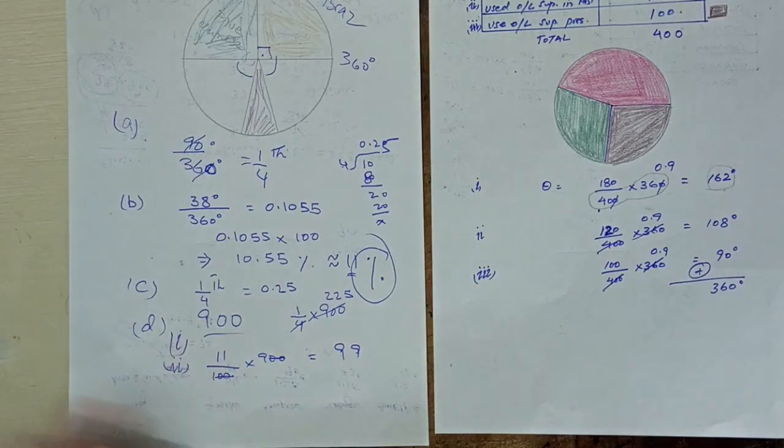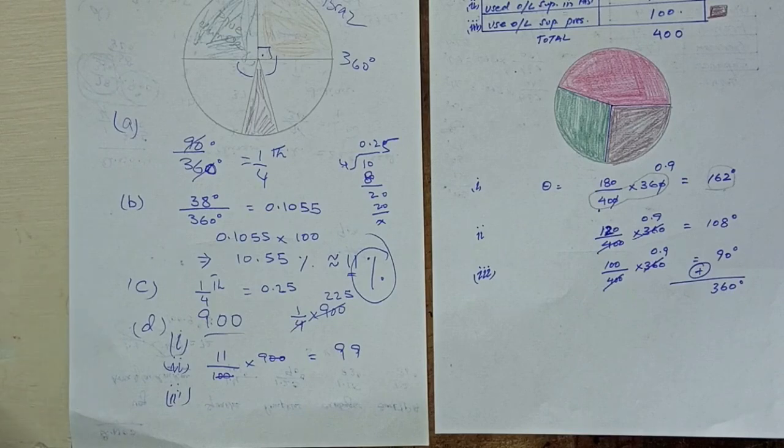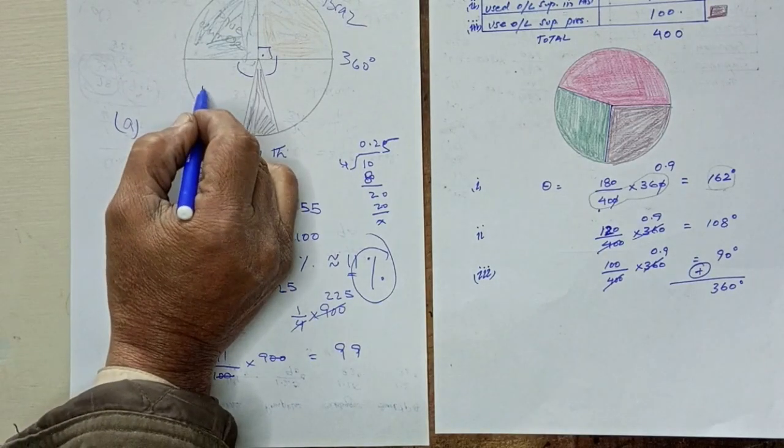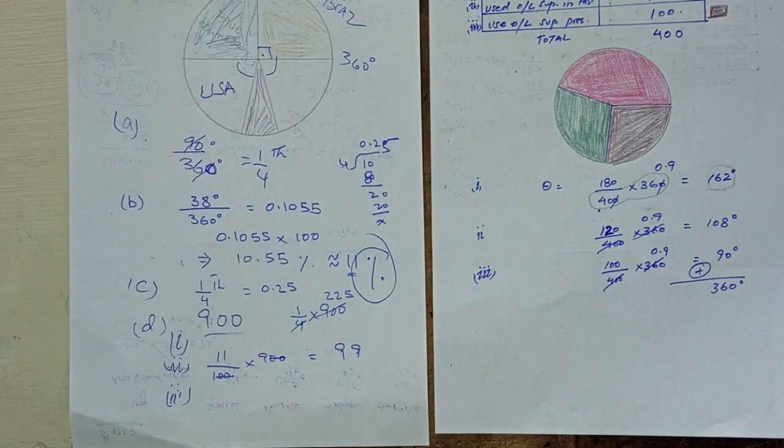So it is almost equal, so don't worry about it. Now the American students. There are American students also, and the American is orange over here. This is the area held by the American students.